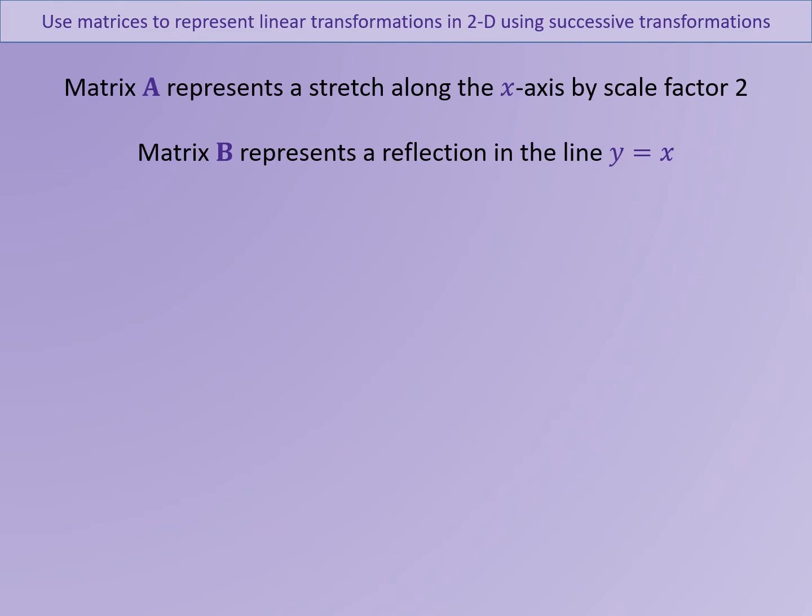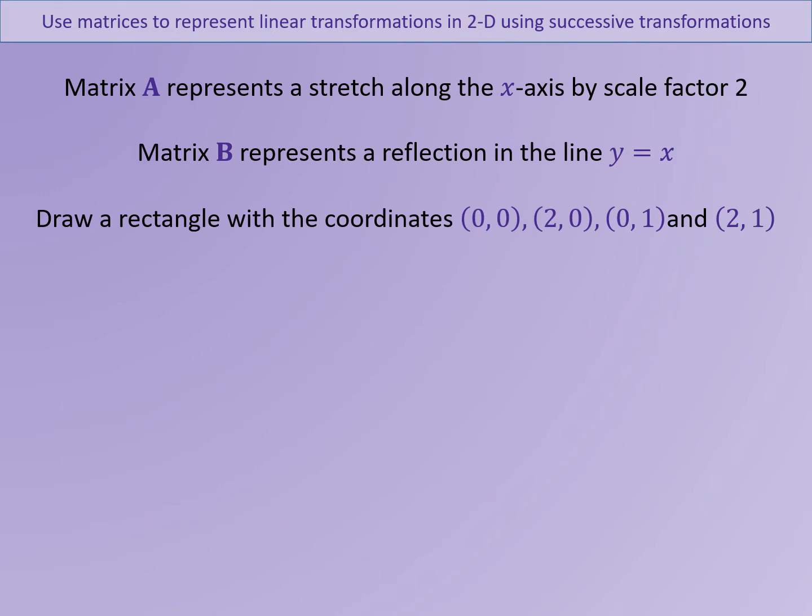Now we can demonstrate this idea further with these 2 transformations. So we have matrix A representing a stretch along the x-axis by a scale factor of 2, and matrix B representing a reflection in the line y equals x.